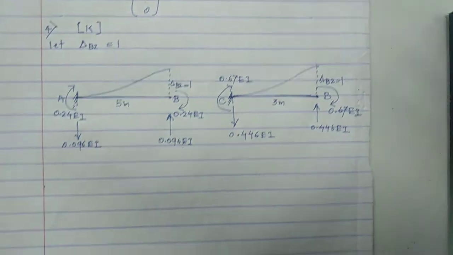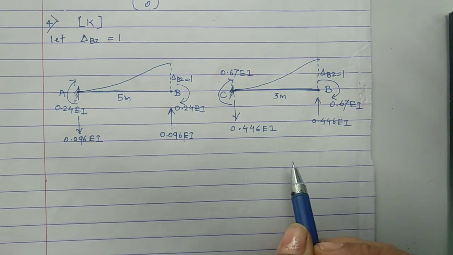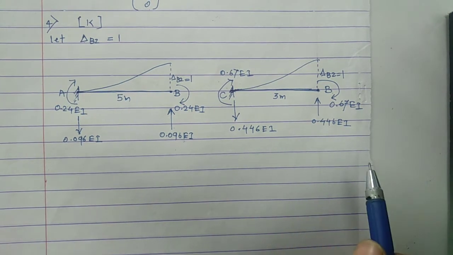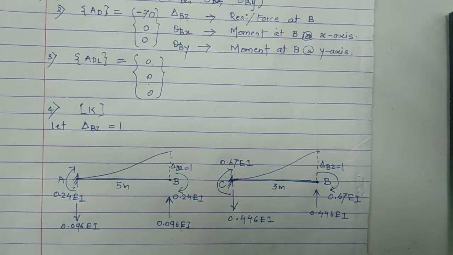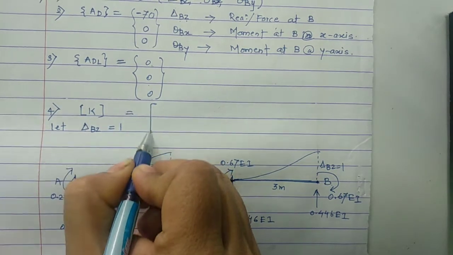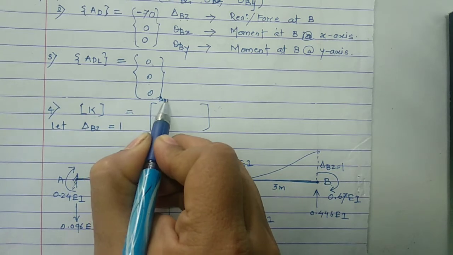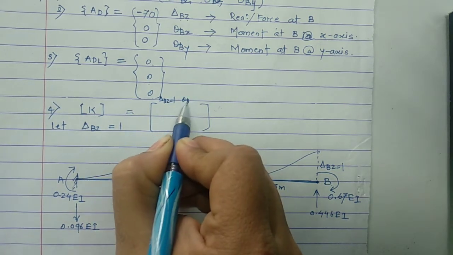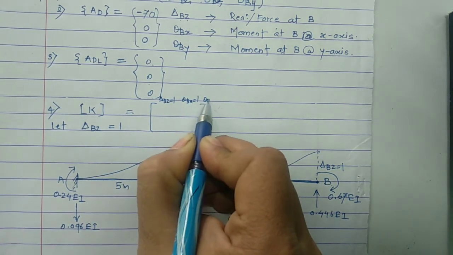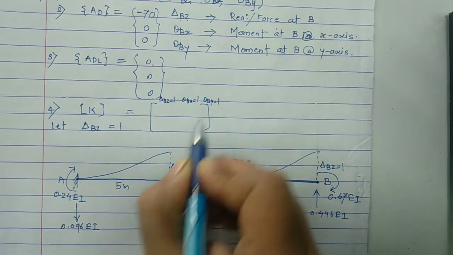Now this is fixed. Now here we'll write the first column, because this K matrix will be of order 3 by 3. The first column we write from theta bz equal to 1, the second from theta bx equal to 1, and the third from theta by equal to 1.